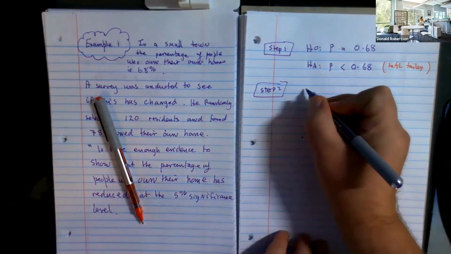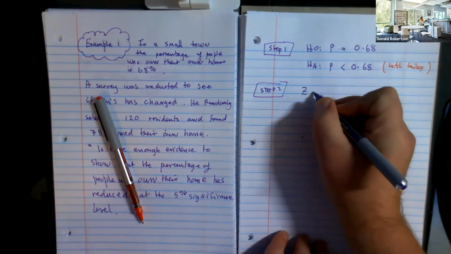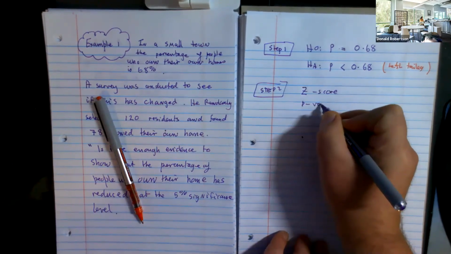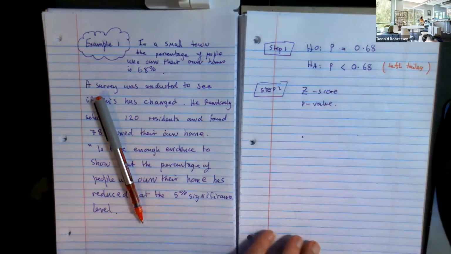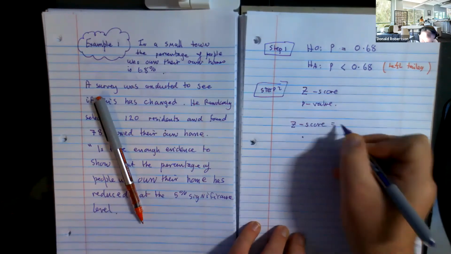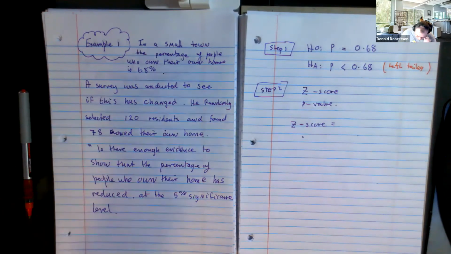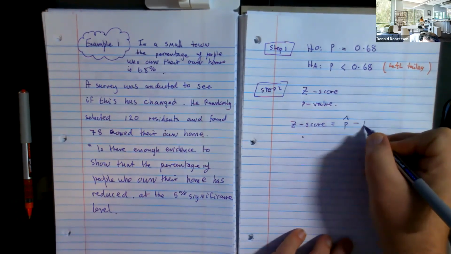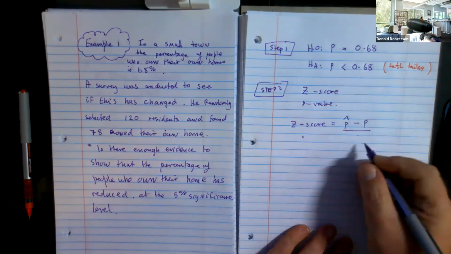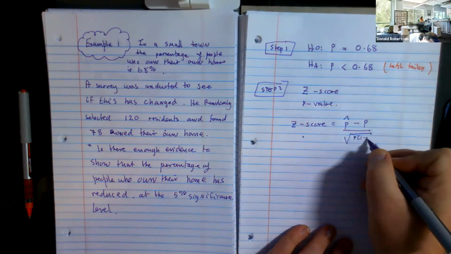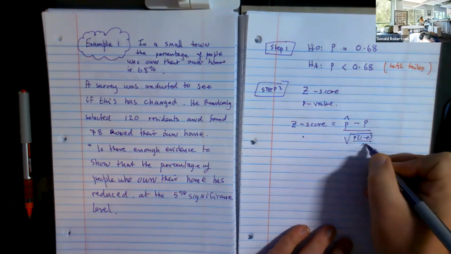Now you collect the z-score and then the p-value. The formula for getting the z-score, well, it's p hat take away p over the square root of p times 1 minus p, all over n.